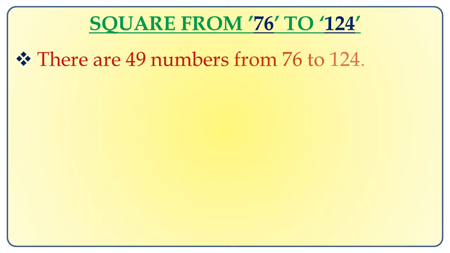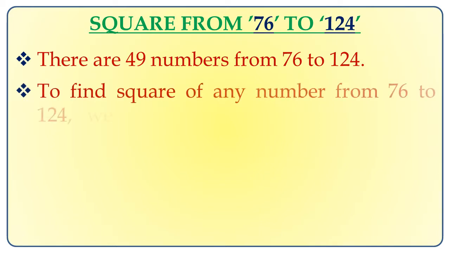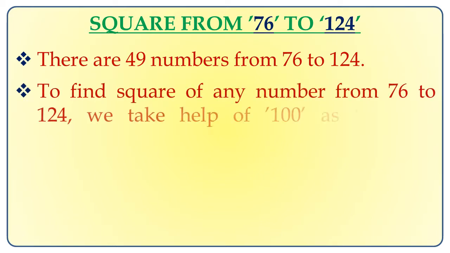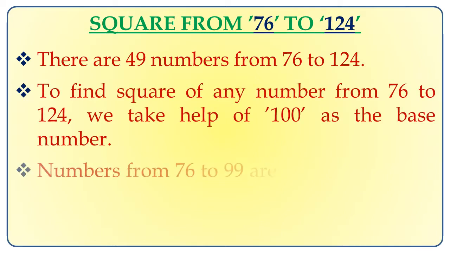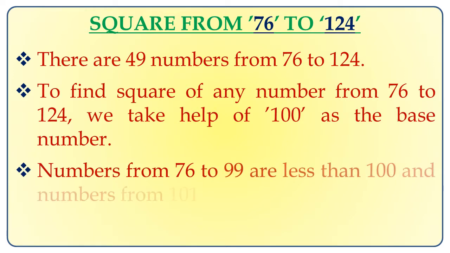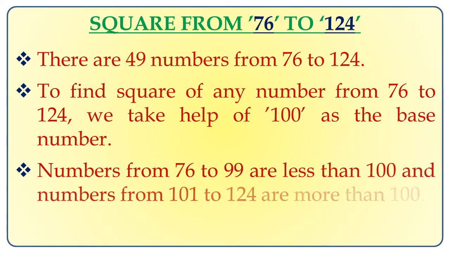Now going ahead, the next category is the square from 76 to 124. Here again there are 49 numbers and we take 100 as the base, and we see that a few of the numbers are more than 100 and a few numbers will be less than 100.